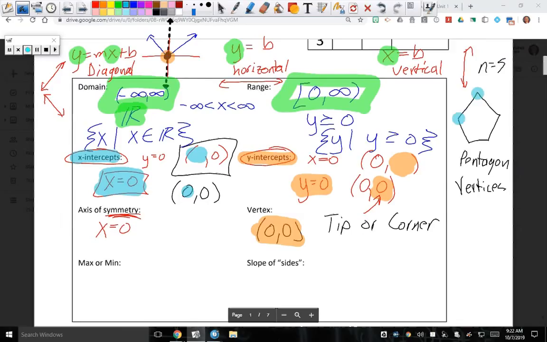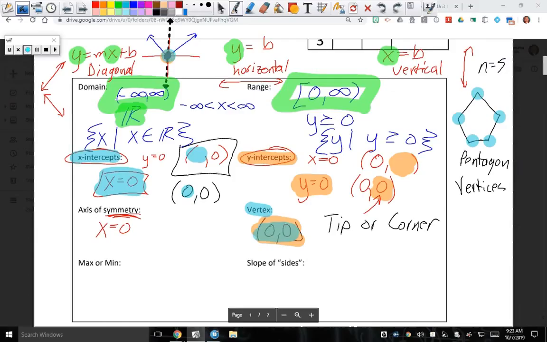The tips, the corners, the angles. Okay? So a vertex is a singular form of vertices. Like radius is 1, radii or radiuses, whatever. So vertices is plural form for a singular vertex. Okay? So that's what that 0, 0 comes from.